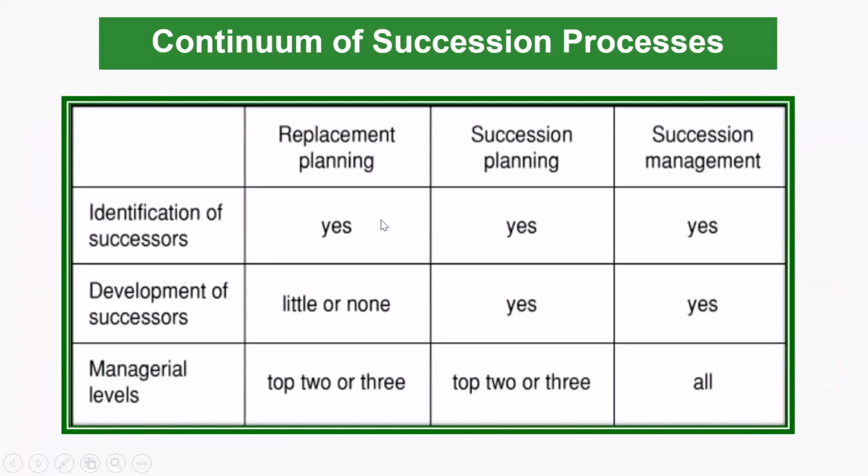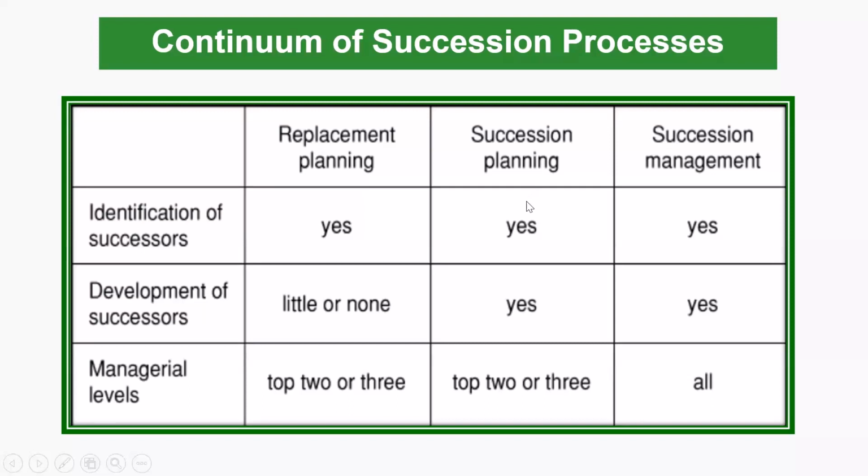With replacement, there's identification of successors, yes, but development of successors is little or none. Someone leaving says, when you leave, you can just hand over to this person, and you just train this person in basic skills, basic knowledge about what you have been doing. That's what replacement planning is all about.